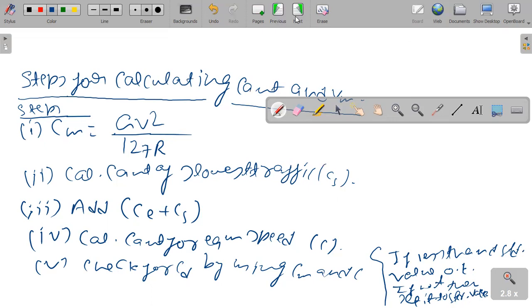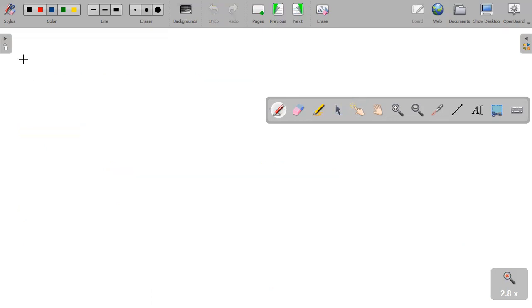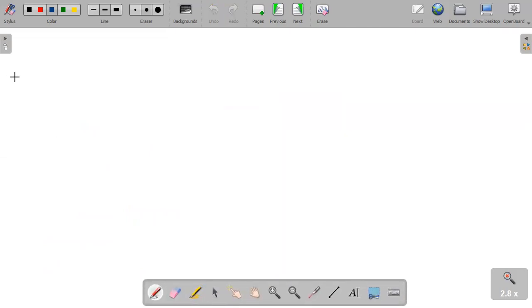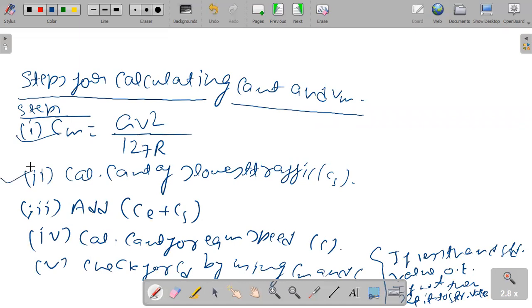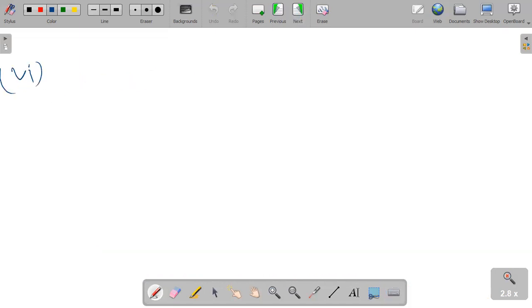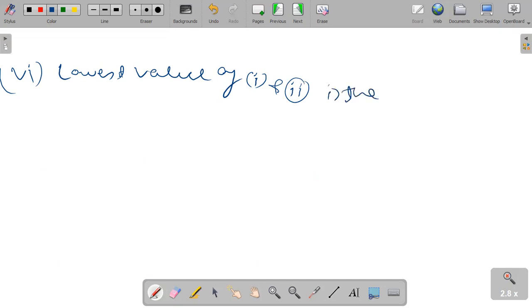Let's move on to our sixth step: the lowest value of first and second is the permissible cant. Basically, it is denoted as Ca.